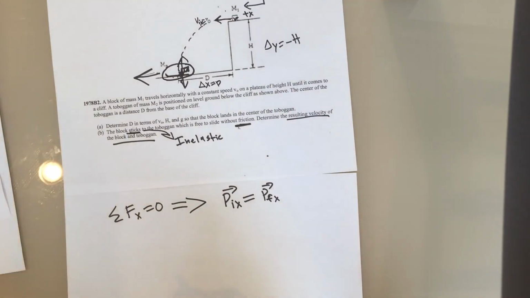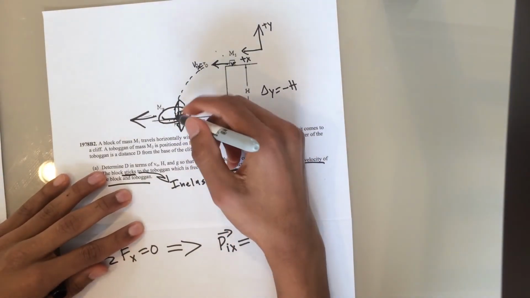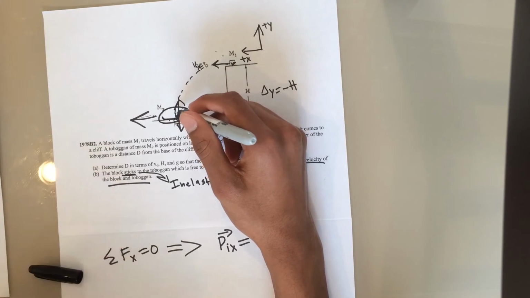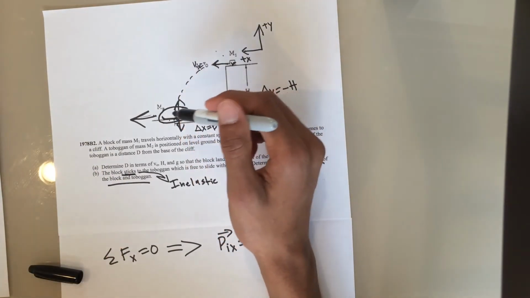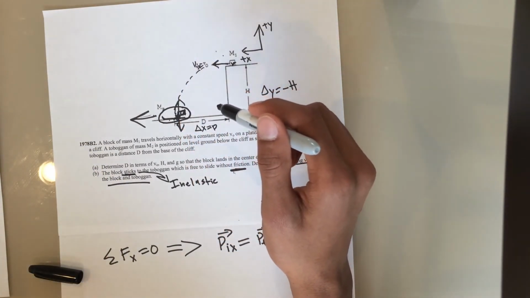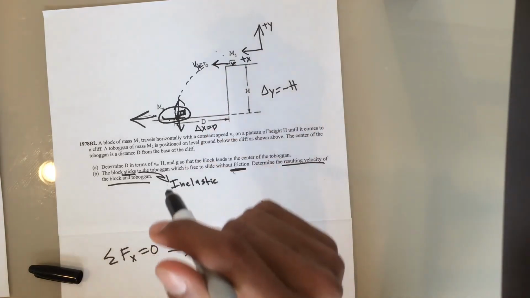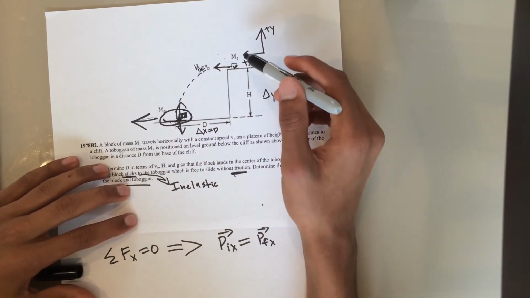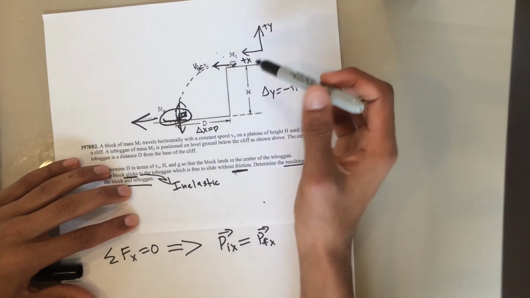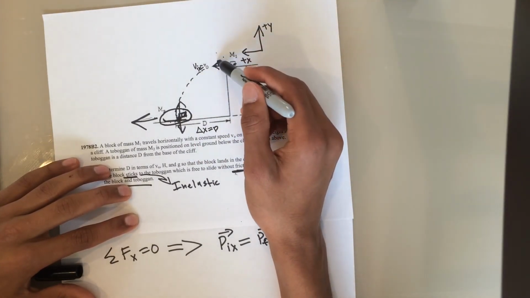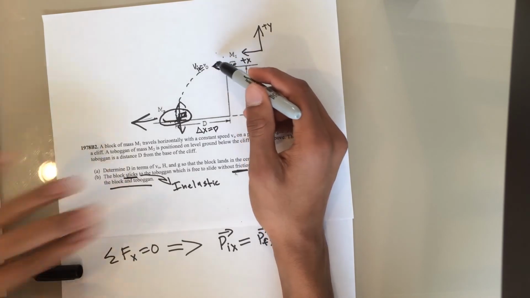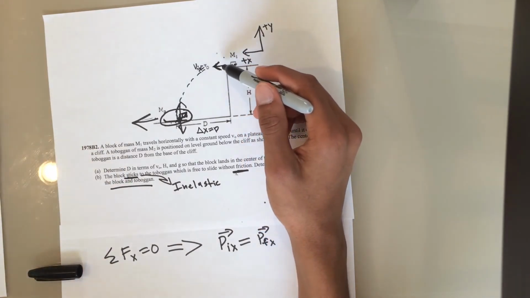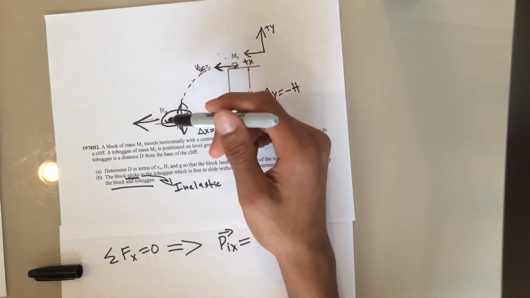Initially, right before the block hits the toboggan, it's only the block that is moving with a velocity in the horizontal direction. And since we're defining our positive x direction to be left, since it's a projectile, it would have a velocity v0 throughout its trajectory.